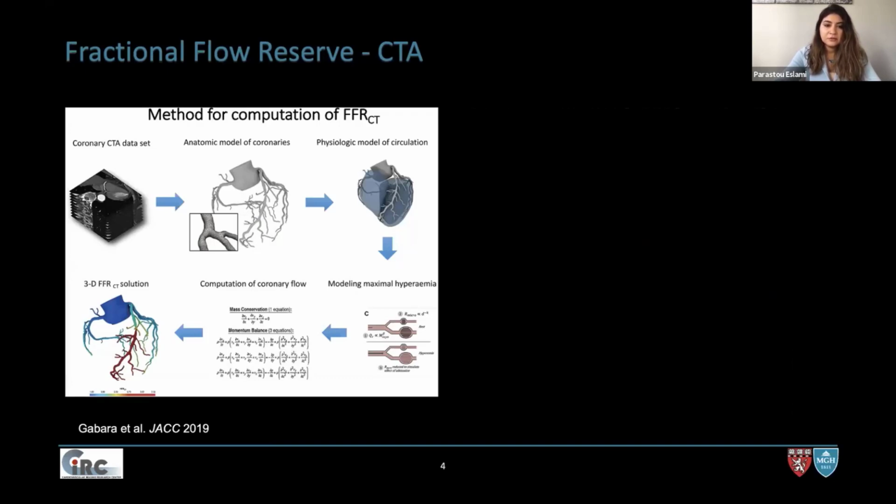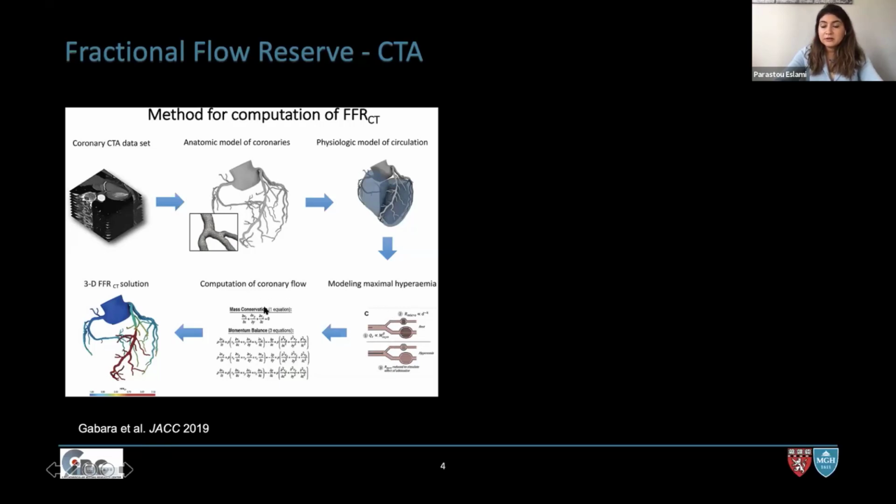through computational fluid dynamics. I will briefly talk about how a CFD calculation works for patient-specific modeling. You start with an imaging modality of interest. We're focusing on CTA here. Then you create the anatomic model of the coronary arteries, segmenting the arteries, and then impose physiological boundary conditions for circulation, which are ideally patient-specific, here in stress and rest conditions.